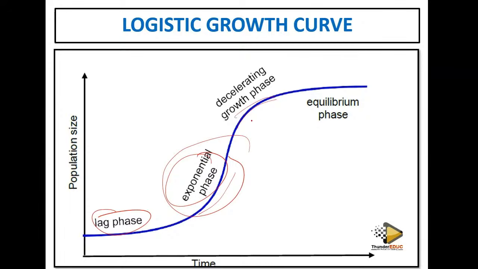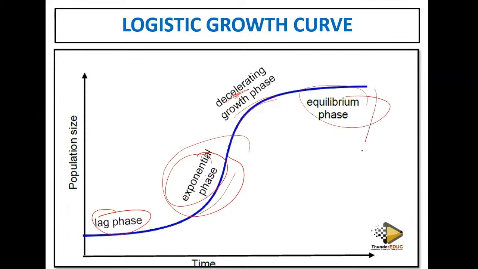Here, the birth rate is still higher than the death rate, but the death rate is now picking up momentum. In other words, we call it an increase at a decreasing rate. So there is an increase, but the increase is not as great as in the exponential phase. So you have the equilibrium phase.